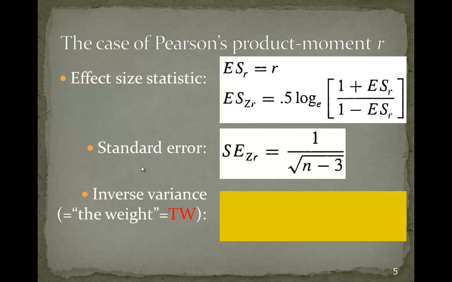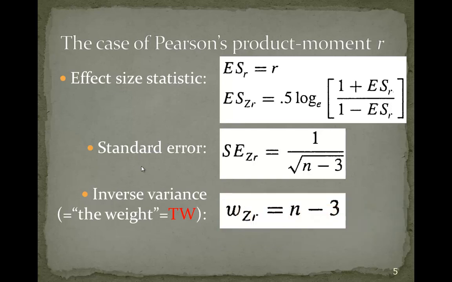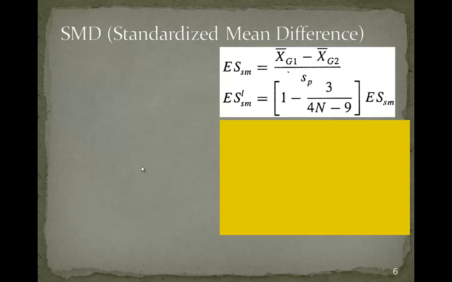So what we're doing is valuing the studies more that have greater n's. In other words, they're more precise. And the inverse variance for the Fisher transform of r is, as you can see, just n minus 3. So that's one example of the conventional statistics that are used for one effect size.